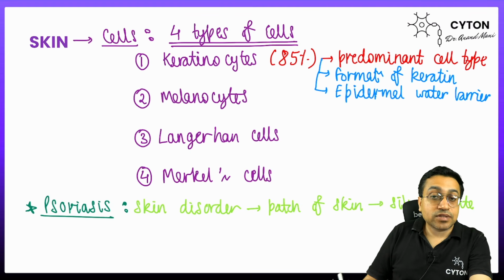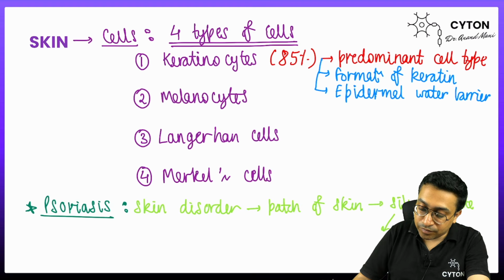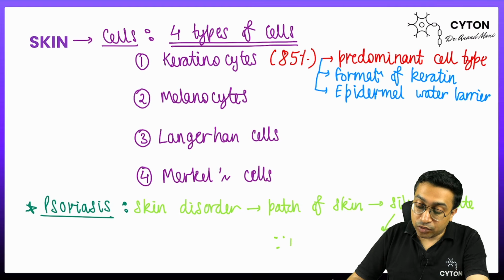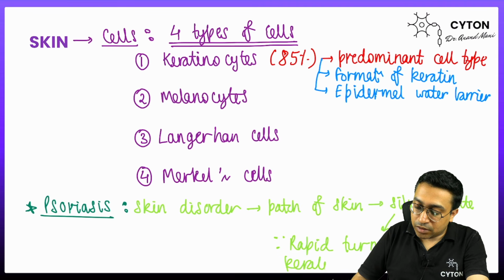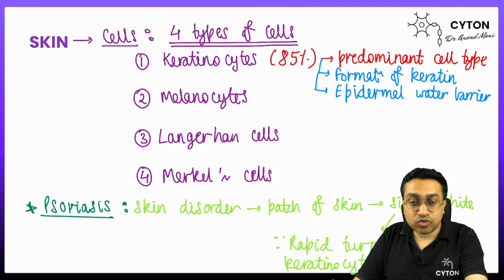Why does this occur? It is due to the rapid turnover of the keratinocytes, approximately 8 to 10 days. So that is psoriasis, which you will see in patients also eventually.